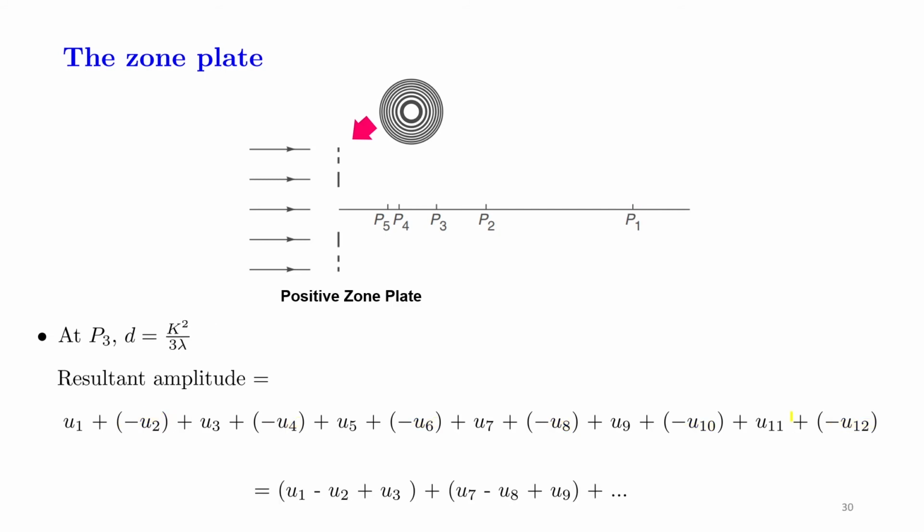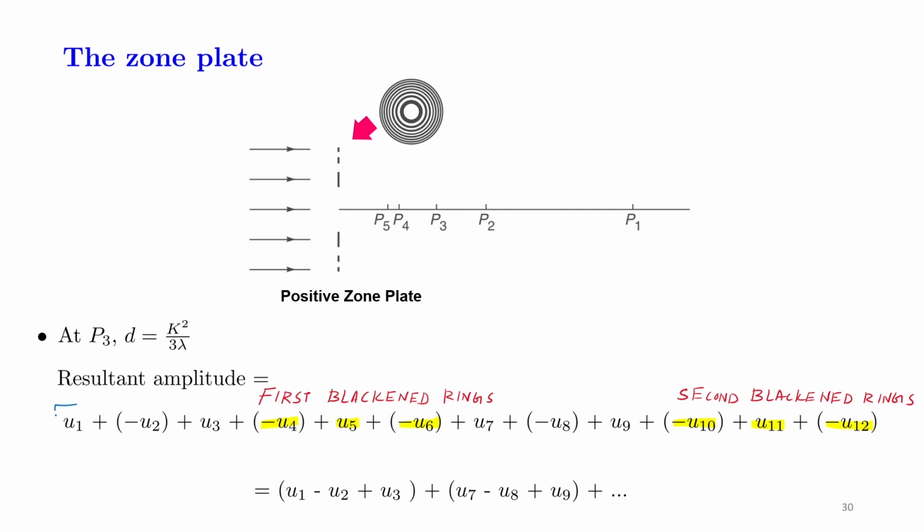Let us now consider point P3. For the point P3, which is at a distance k square by 3 lambda, the blackened rings correspond to minus u4, u5, minus u6, and the second blackened rings correspond to intensities minus u10, u11, and minus u12.